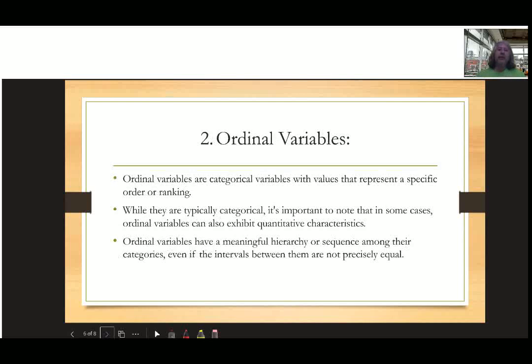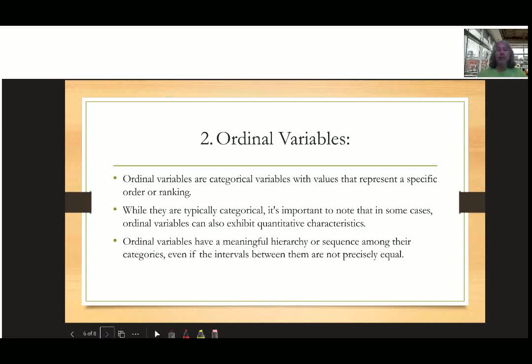The other type is ordinal variables. Now, ordinal variables are categorical variables, normally, that represent a specific order or ranking. Again, while they are typically categorical, it's important to note that in some cases, ordinal variables can also exhibit quantitative characteristics. So it kind of becomes a hybrid of the two in special cases.